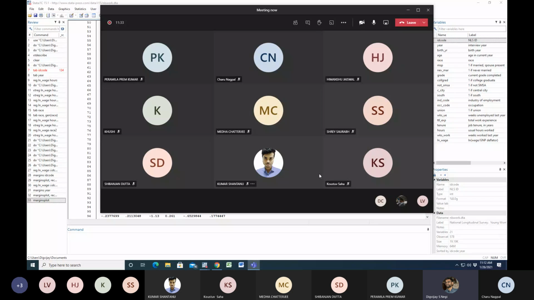For example, if states have passed different laws regarding labor unions or working hours, minimum wage laws, then a simple time dummy will not account for state level differences in policies. In that case, you may have to go for state cross time dummies, which would be a more robust specification.